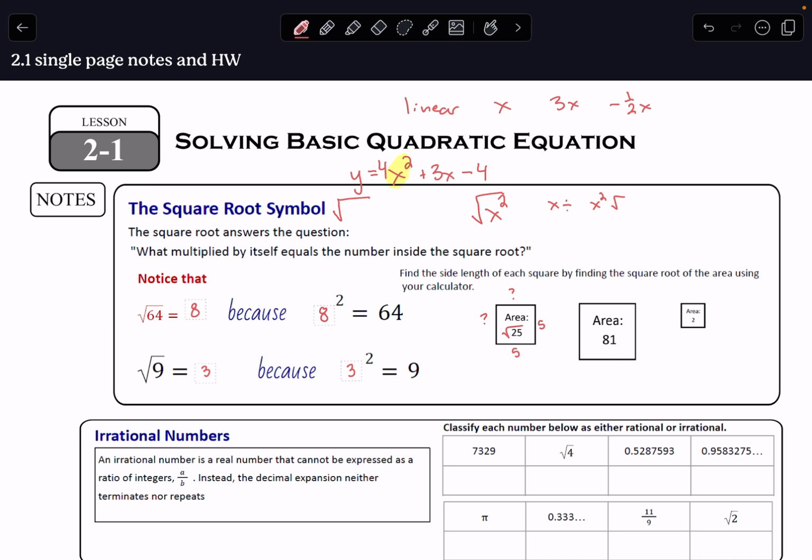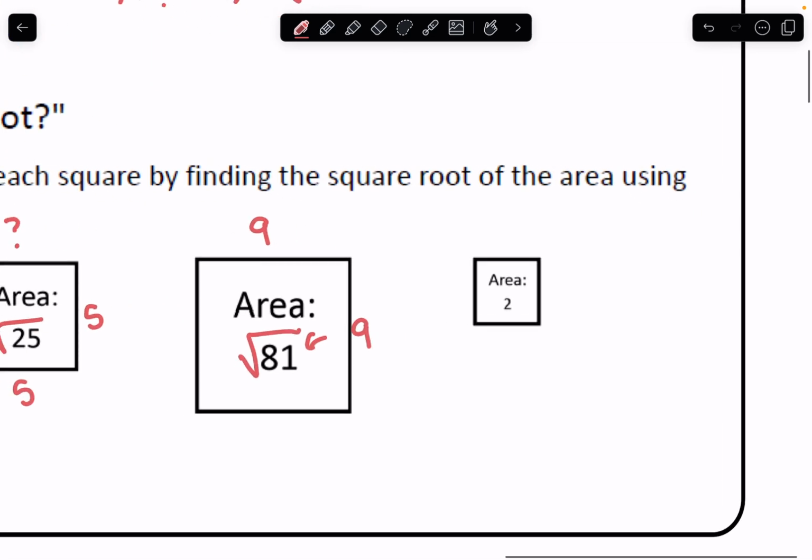The square that is 81, that has an area of 81. If I want to know the length of the sides, I can square root the area and I get that the sides are 9 long because 9 times 9 equals 81. It gets a little bit funky when I try to do the square root of the next square because this square has an area of 2.